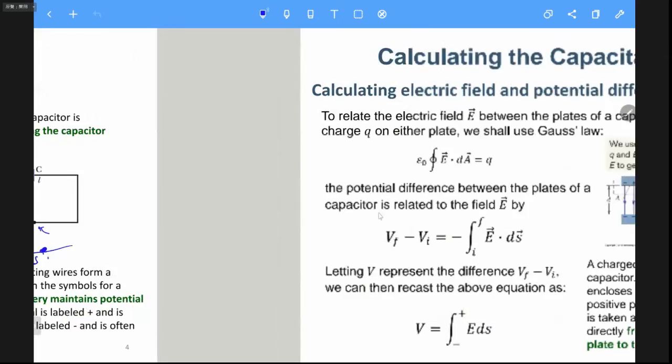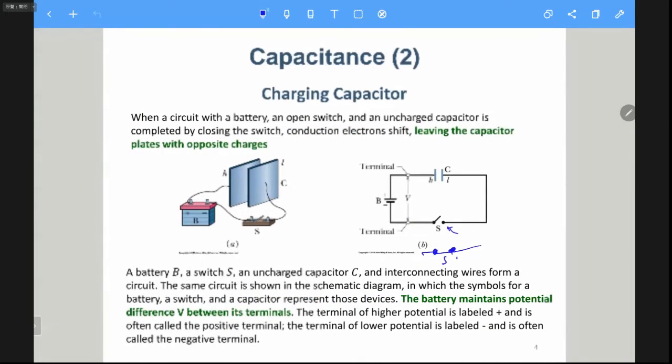So if you just put a battery here with a potential difference V, and this is the capacitance C, and then you close the switch, there will be some charge on this side: positive charge on the left side and negative charge on the right side, because this is positive and this is negative.